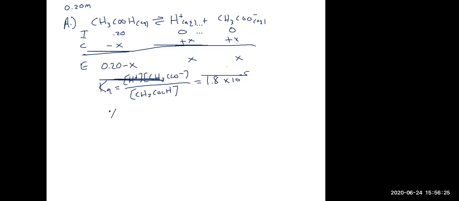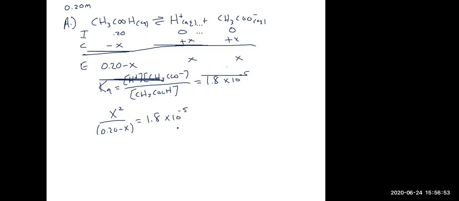So putting it in, we will get x squared divided by 0.2 minus x equals 1.8 times 10 to the minus 5. And we're going to make an assumption that x is approximately 0 and hope for the best here. Let's see here. We're good.